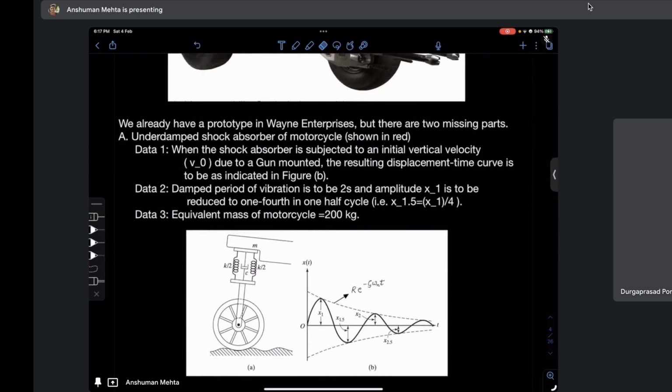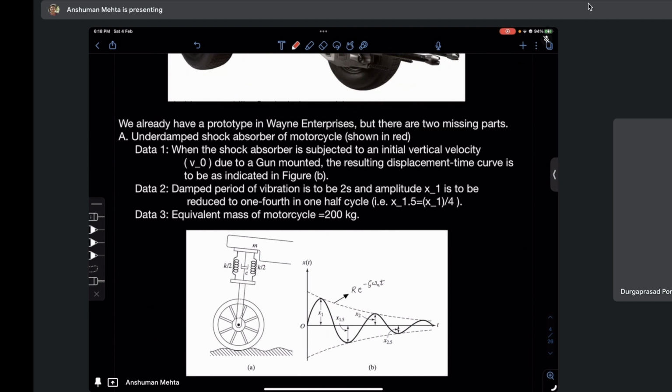Let's assume m is the mass of this motorcycle, k is the stiffness of the shock absorber, and c is the damping constant of this shock absorber. We need to find all these things because mass is given.